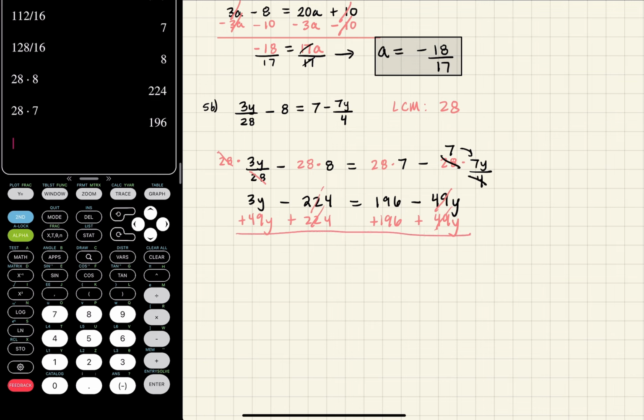So after that step, we've got 52y equals 196 plus 196, which is 392. And the last step is division. We've got to divide both sides by 52.